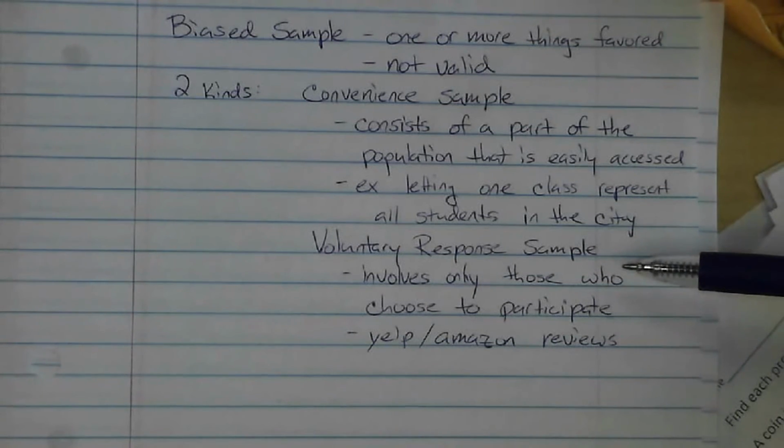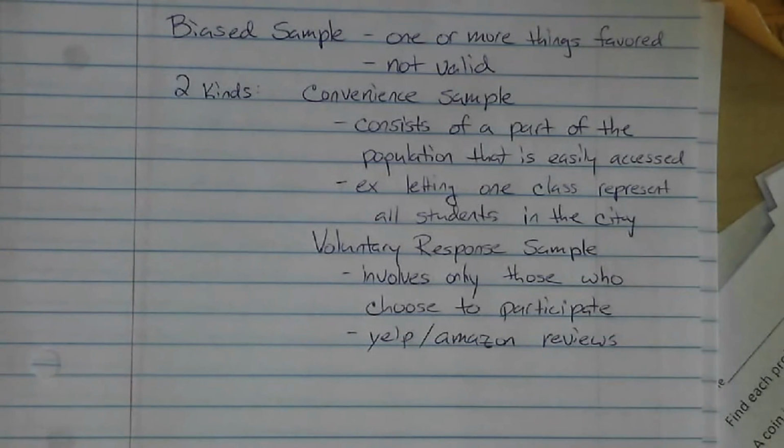Now, the next sample, which is the worst of all, is a voluntary response sample. This only involves those who choose to participate and generally has a propensity towards being negative. Doesn't have to be, but it can be. An example of this would be Yelp or Amazon reviews. Sometimes you get a receipt from a place and they say, fill out some survey or call us and let us know how we did.